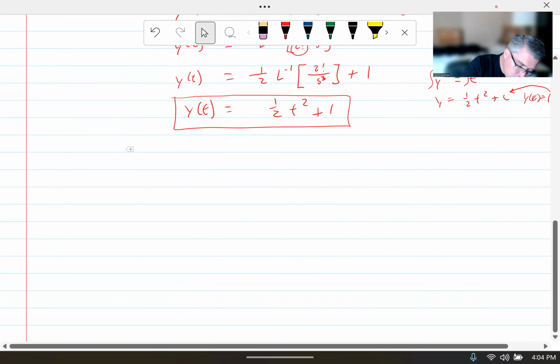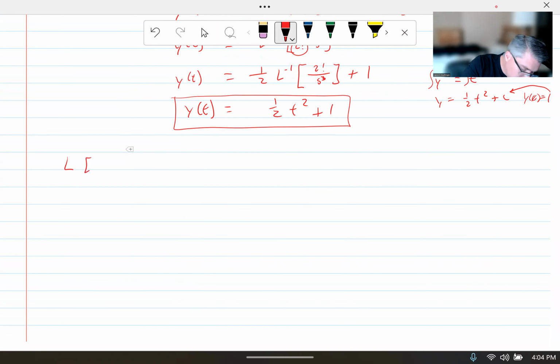Okay, but first, how would we deal with an L of y double prime? Well, that's s squared Y of s minus s times y naught. And here, because of the y prime, we need 2 initial conditions. That's going to be minus y prime naught.